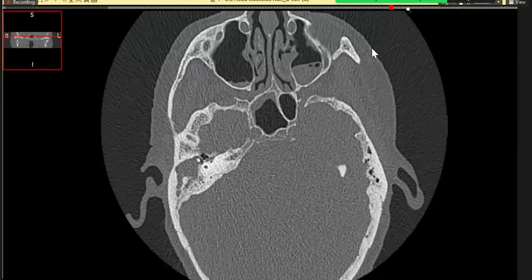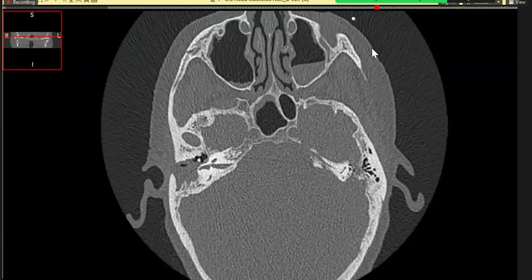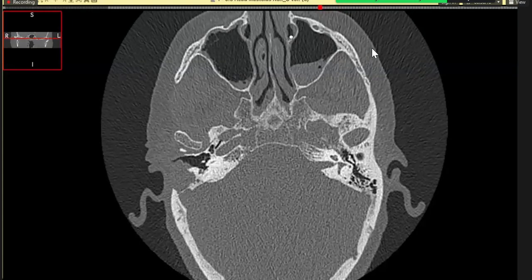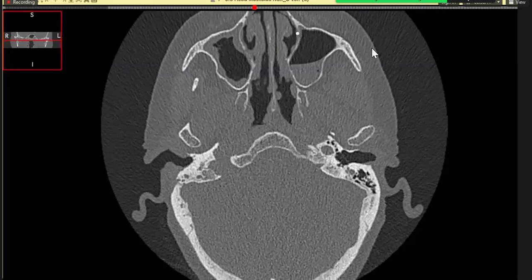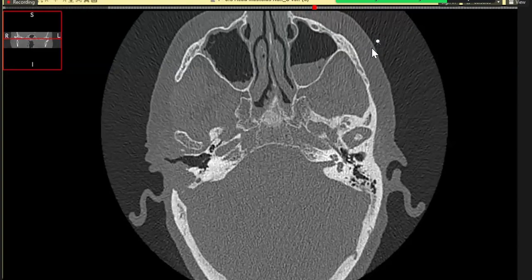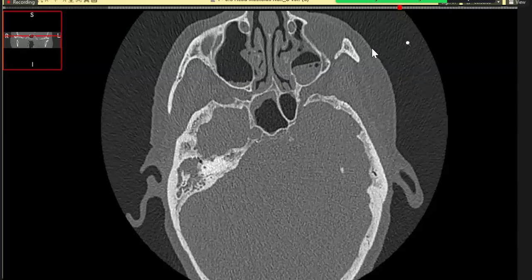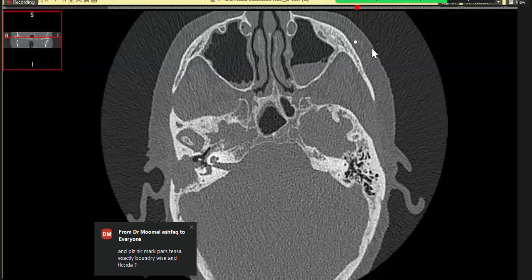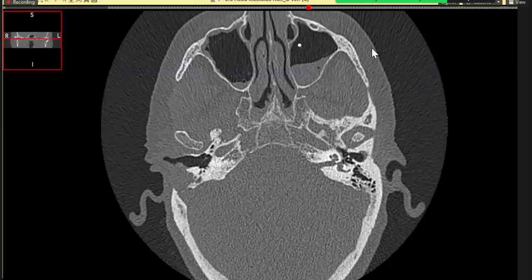Okay, I am going through the images and I can see that there is a soft tissue opacity, and it is destroying the right mastoid cells. It is occupying the right external auditory canal. I cannot appreciate normal anatomy on this side since this is a post-surgical case.